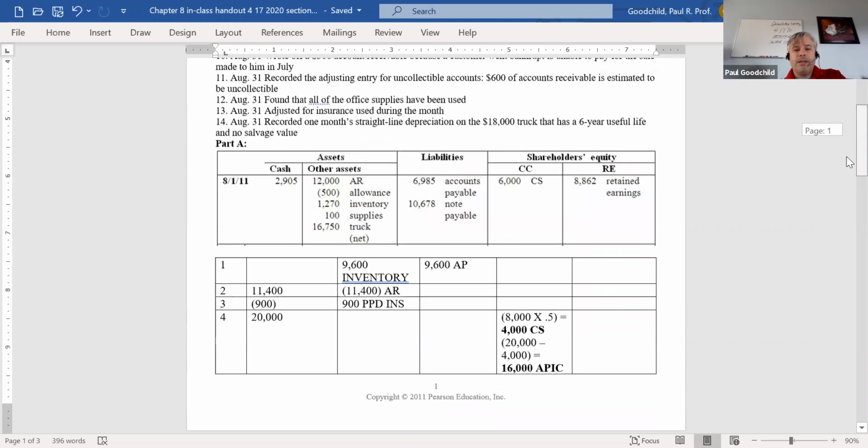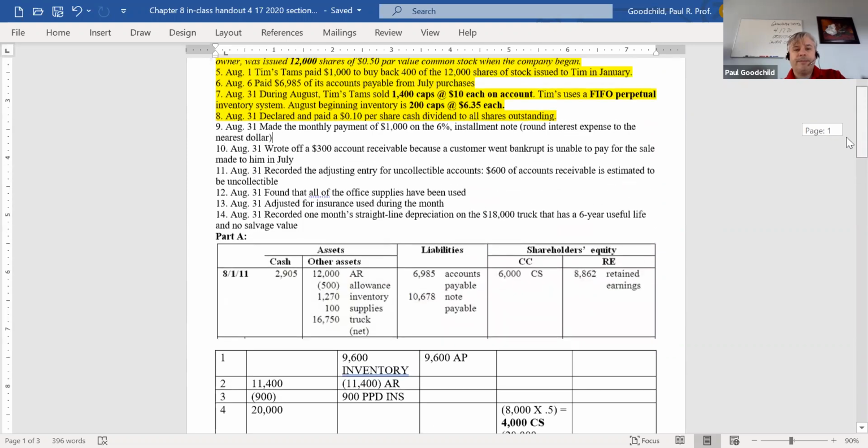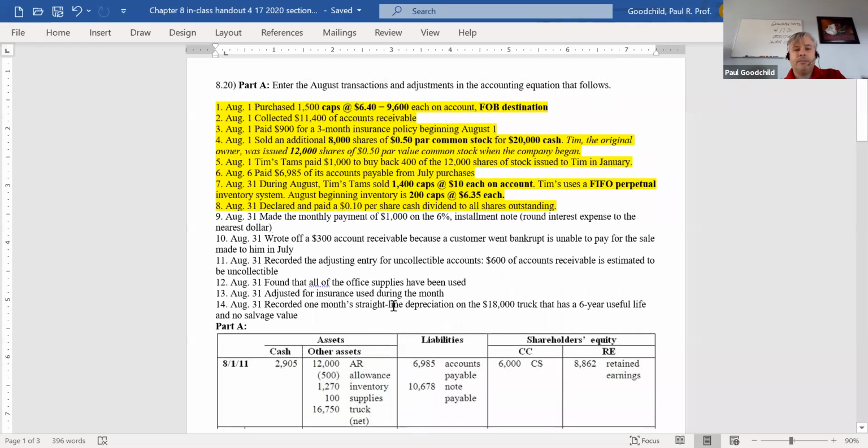And it has a 6%. I'm going to make that calculation up here. And it's 1 month. So we have 1/12.